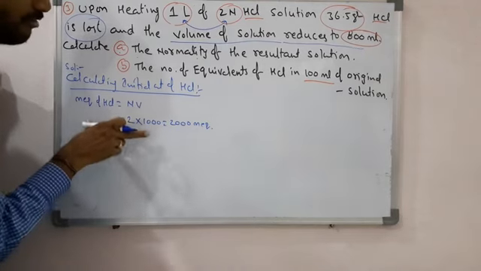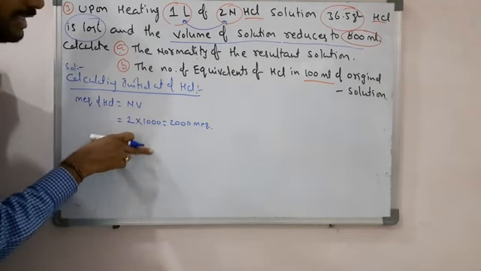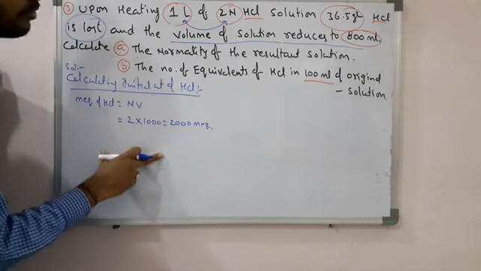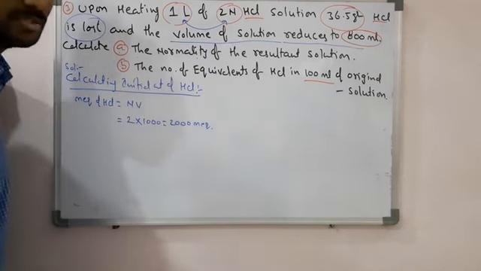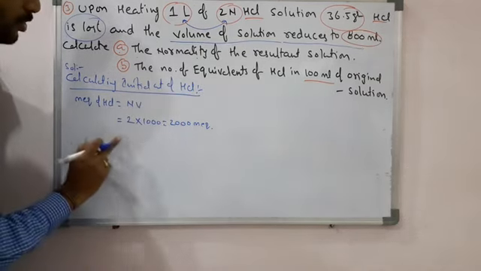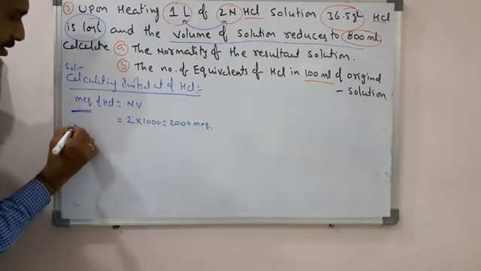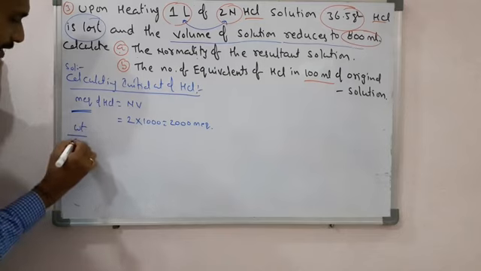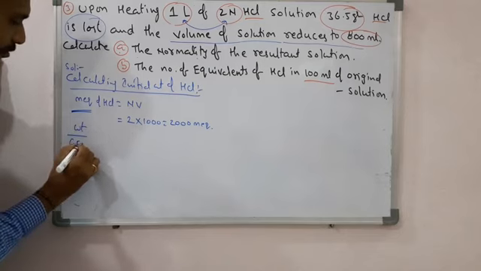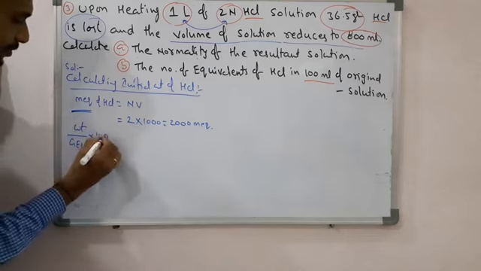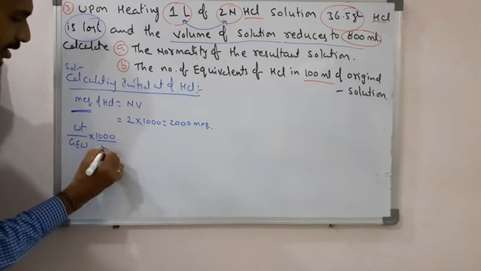But we need to know the weight of the initial HCl to find out the normality of the final solution. So we convert it into weight. Already we know that milli equivalents means weight by gram equivalent weight into 1000 by volume.